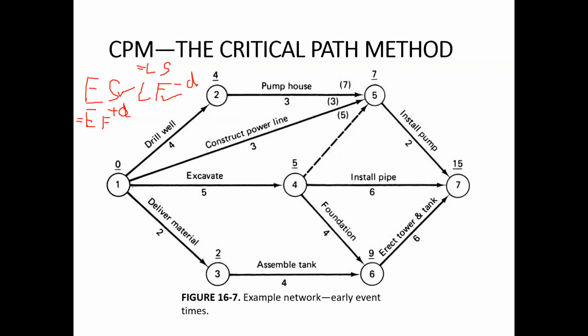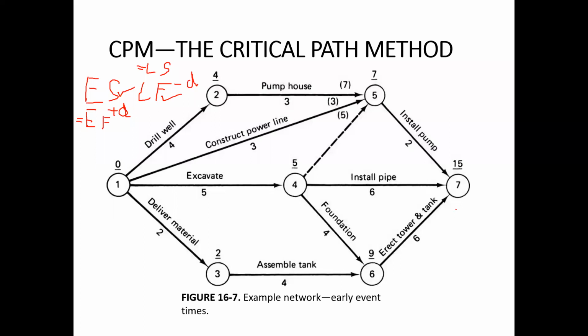What this forward pass calculation has determined is that it will take 15 weeks to complete all activities. In another way, this project, which is represented by this network, will take 15 weeks to complete.